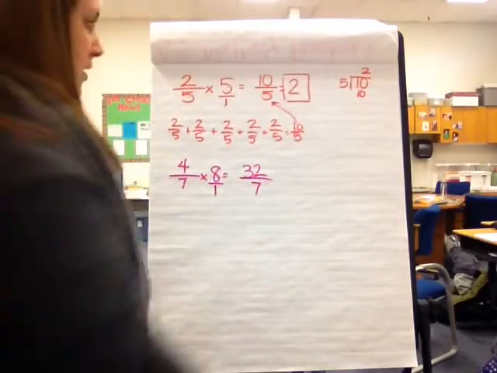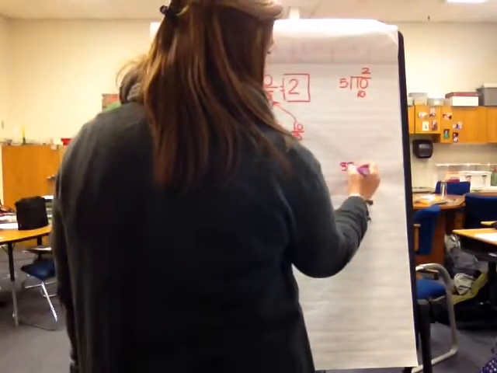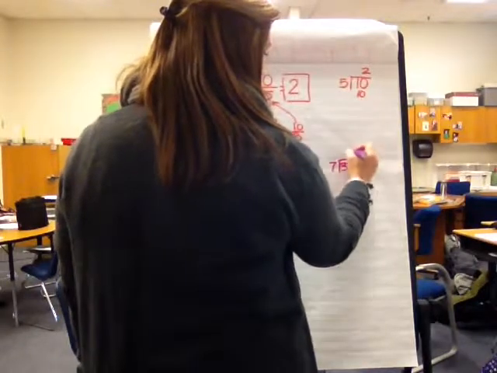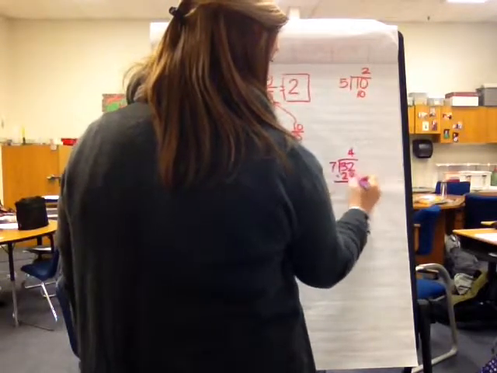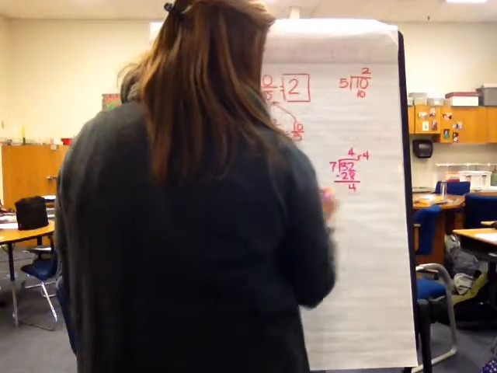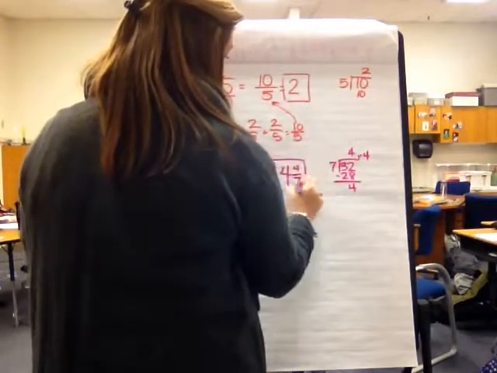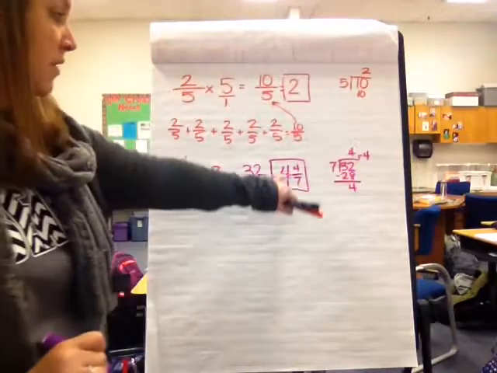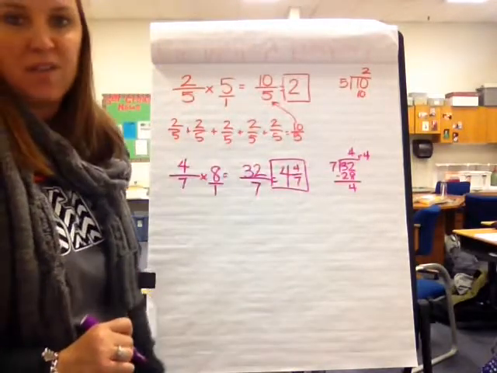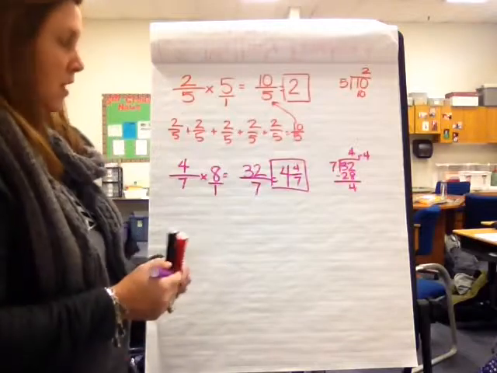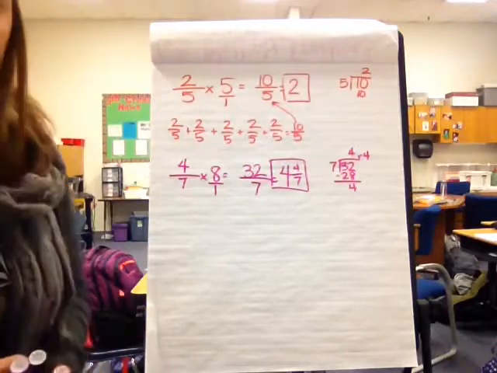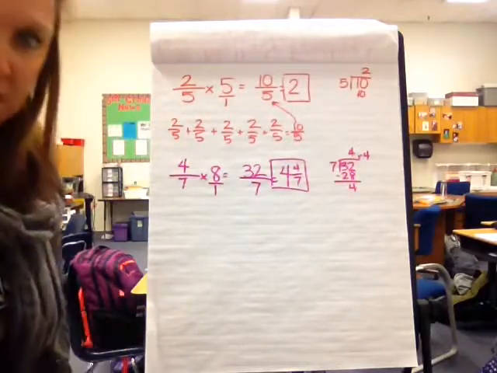I can't have that as is, so I simply come over here and I divide. 4 and 4/7. 4/7 is simplified because they do not share any other factors other than 1. Okay? So again, it's very, very simple.